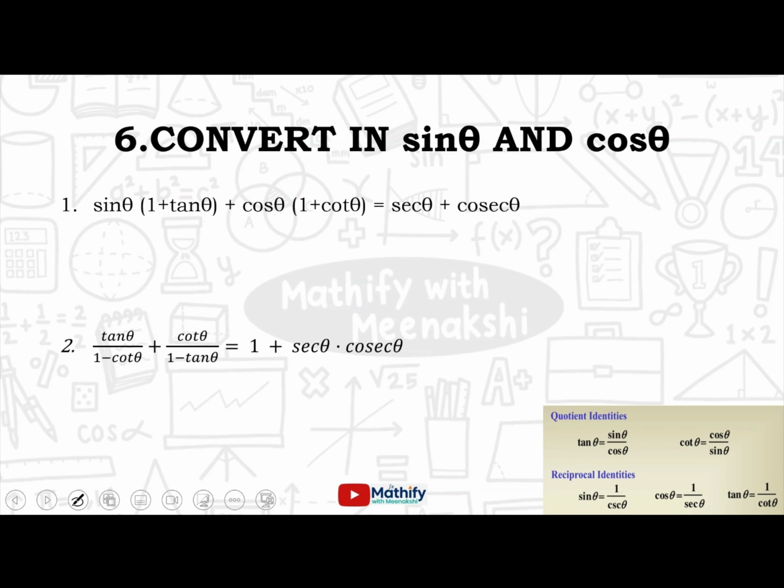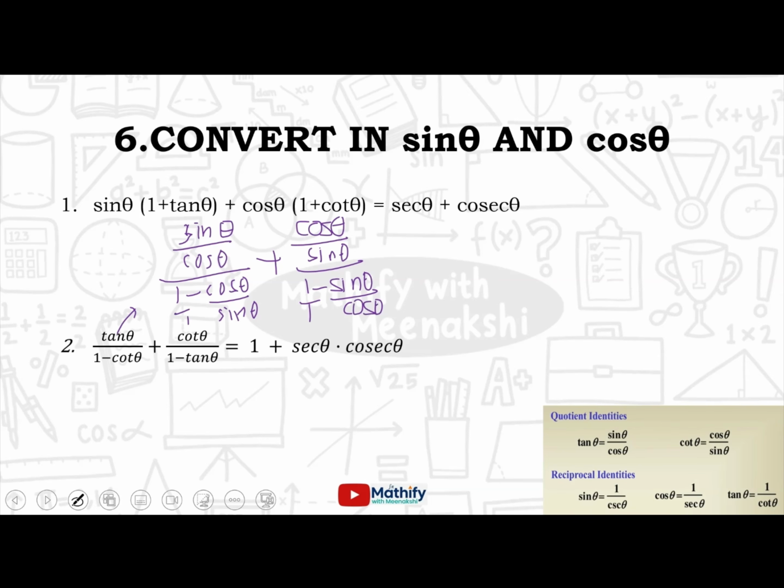In question number 2, again, you will write tan as sine by cos and cot as cos by sine. And similarly here, cos by sine and sine by cos. Just solve this. By taking the LCM, what you will get?